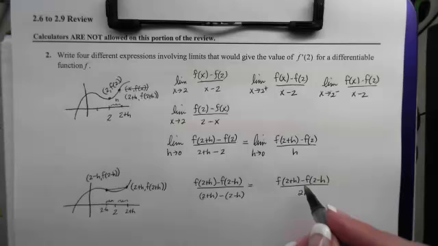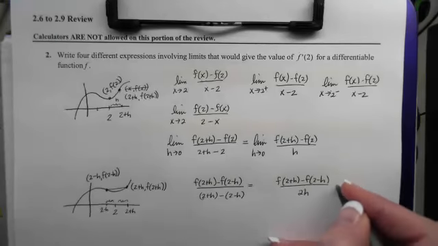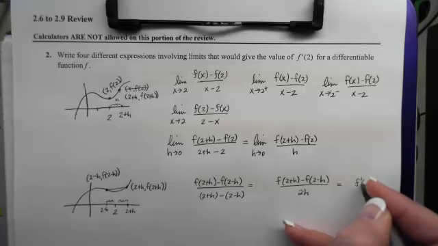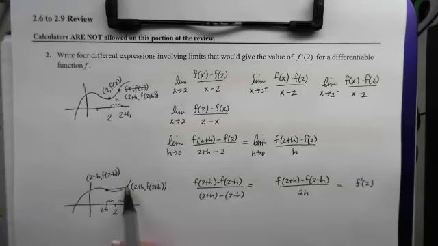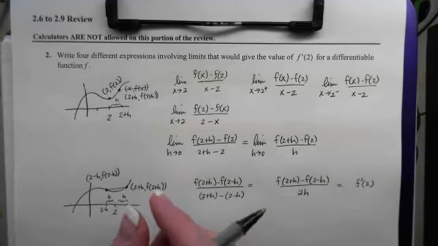Now this is still a secant slope. In order to create a tangent slope that will equal f prime of 2, we need both of these points to collapse down to 2. So that means this value of h and this value of h both need to shrink until there's nothing left.